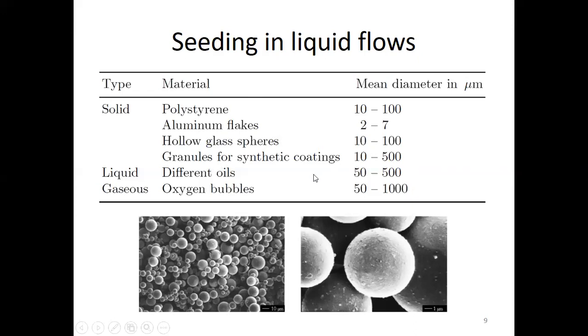For instance, kerosene, vegetable oil or petroleum-like oil, and the size of the droplets should be large. It's from 50 to 500 microns. So it's quite big. 500 microns is half a millimeter, so it's visible.